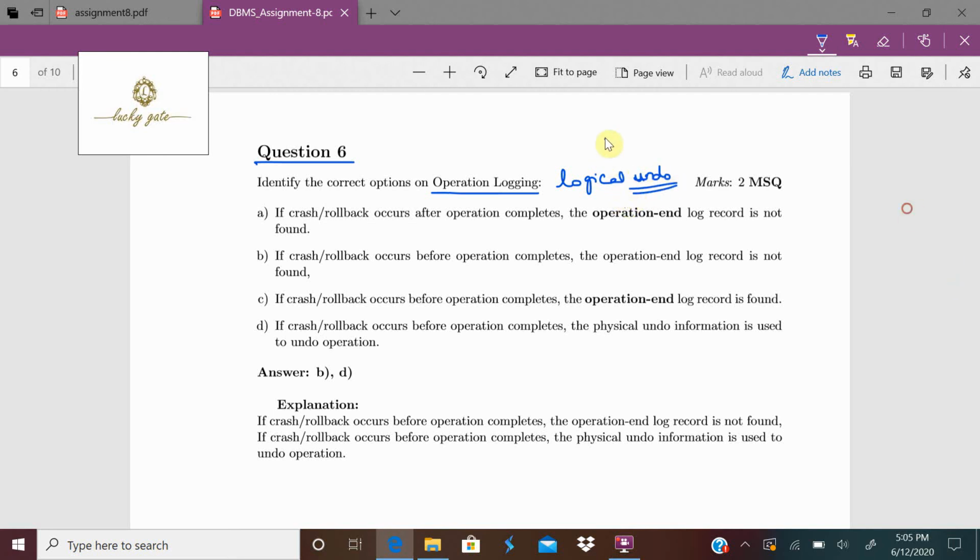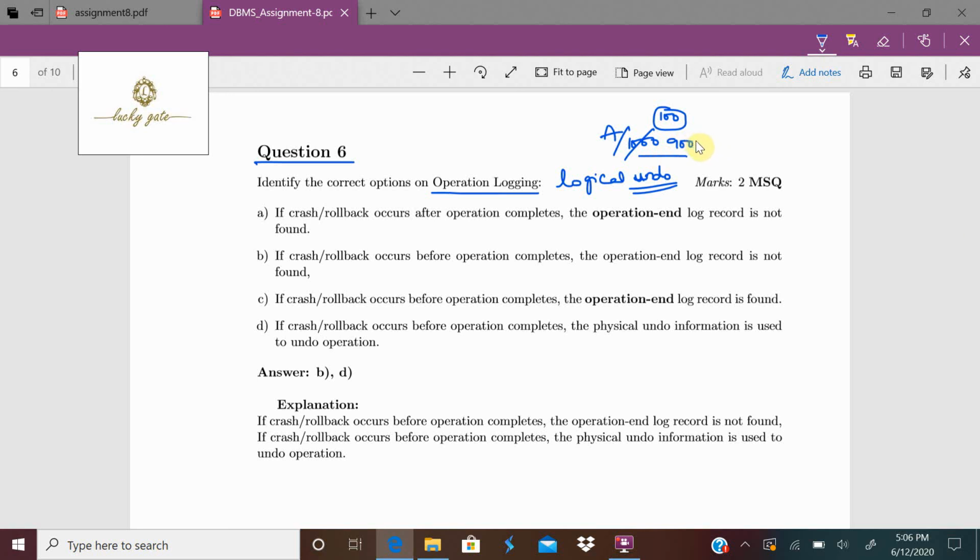If an amount is debited from account A, say 1000 is changed to 900 by some transaction, it means it is debiting 100 rupees from account A. If recovery is required, for performing the undo operation, instead of using physical log records, we should use logical log records.